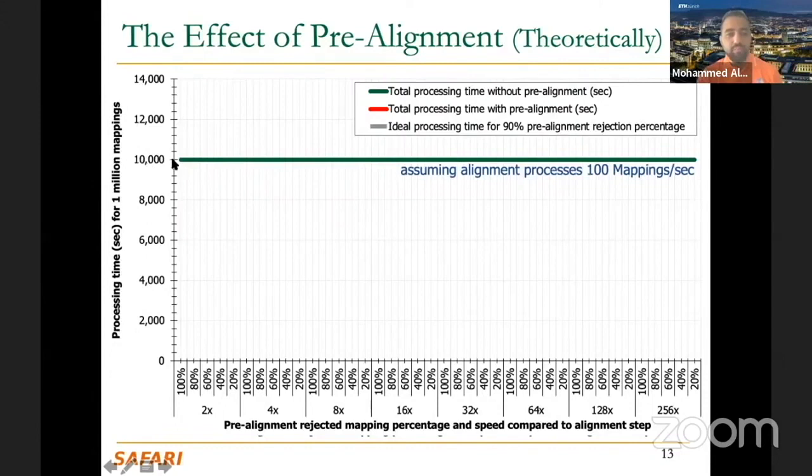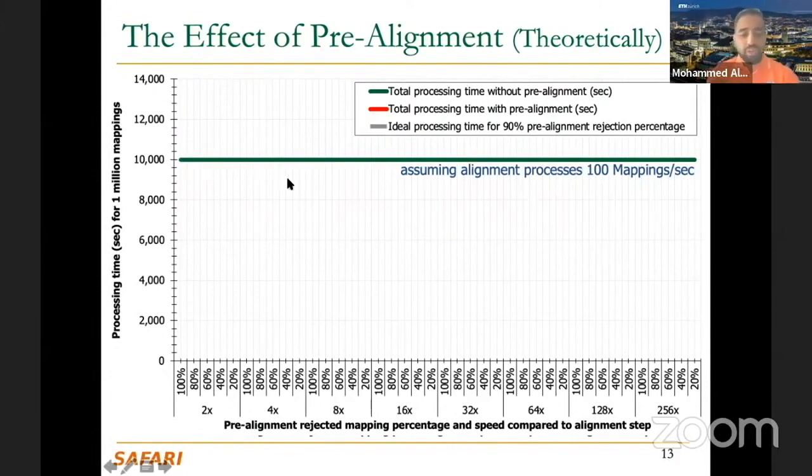For example, at this point, we have 10,000 seconds for 1 million pairs. Now assume we have the sequence alignment. We want to process this 1 million sequences. So we run sequence alignment and assume constant time for whatever the pair is, and it will always take 10,000 seconds to process these 1 million mappings.